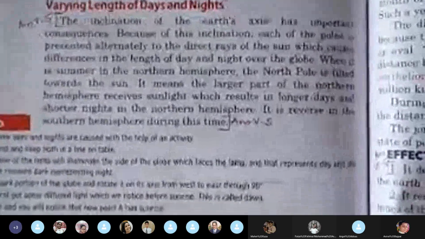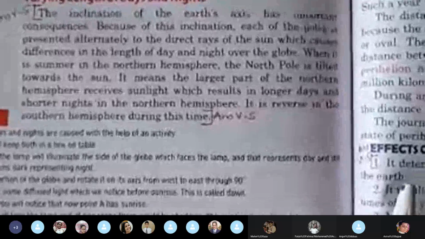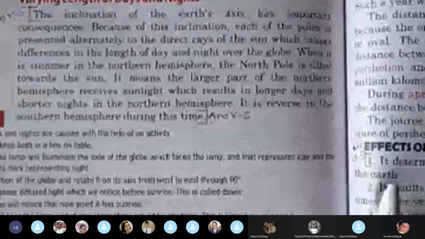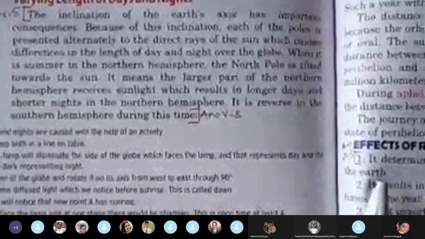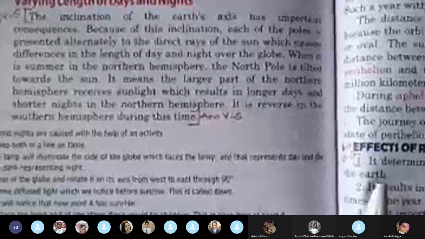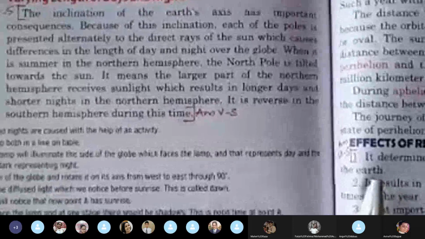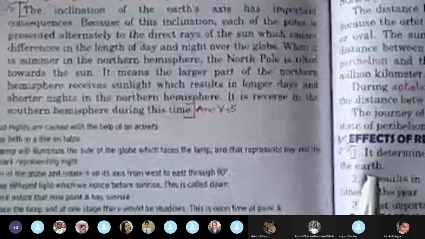The inclination of the Earth's axis has important consequences. Because of its inclination, each of the poles is presented alternately to the direct rays of the sun, which causes differences in the length of day and night over the globe.